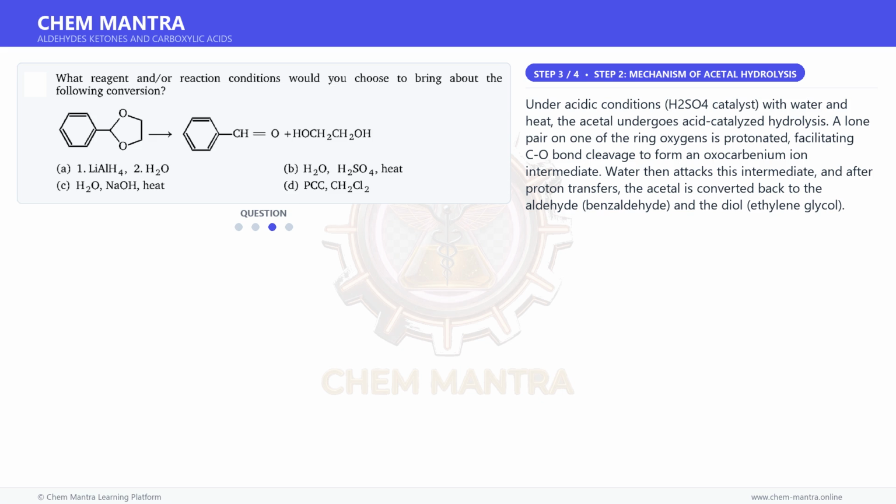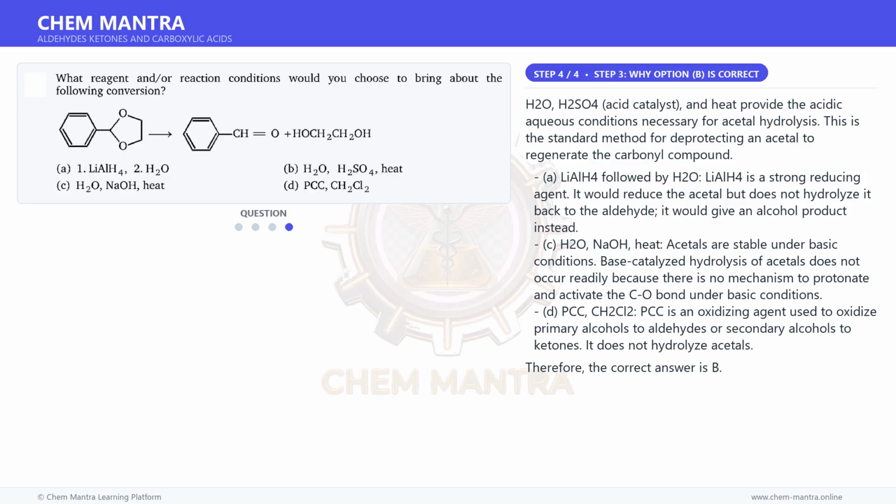Water then attacks this intermediate, and after proton transfers, the acetal is converted back to the aldehyde, benzaldehyde, and the diol, ethylene glycol. And for the final step, H2O, H2SO4, acid catalyst, and heat provide the acidic aqueous conditions necessary for acetal hydrolysis. This is the standard method for deprotecting an acetal to regenerate the carbonyl compound.